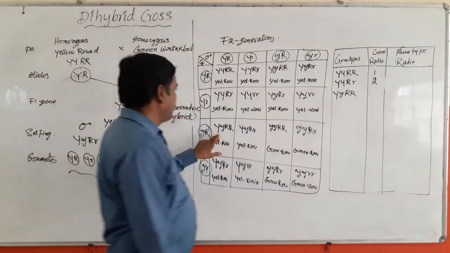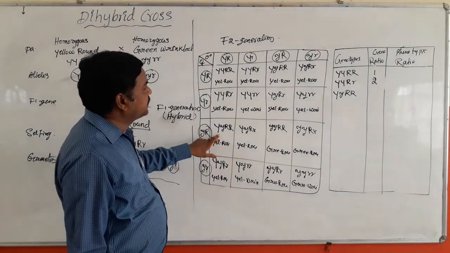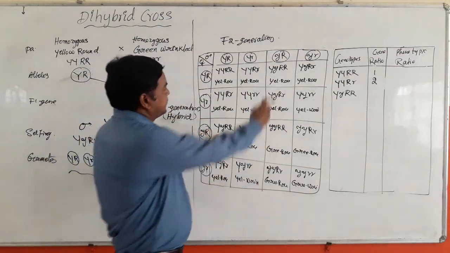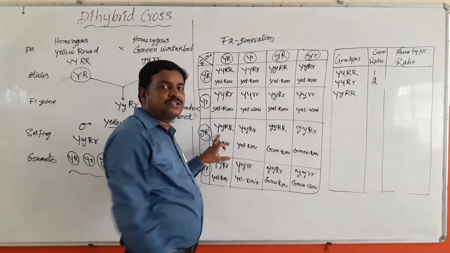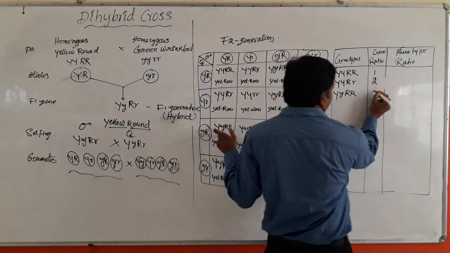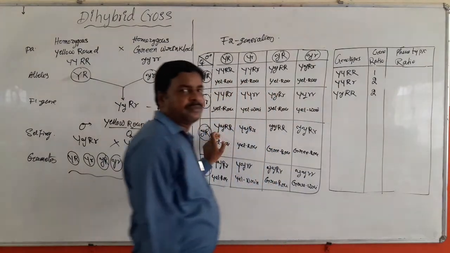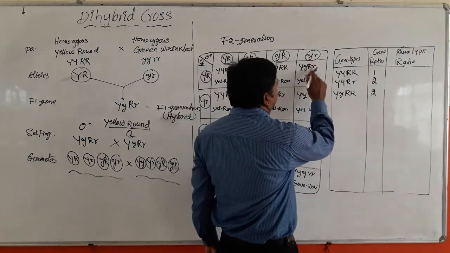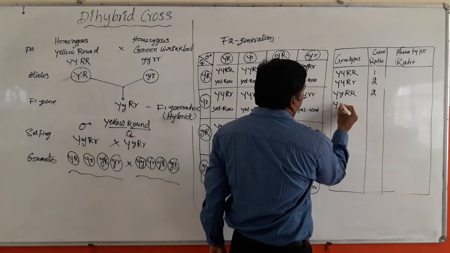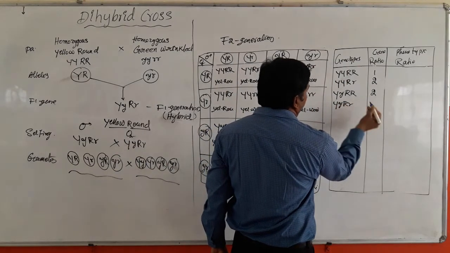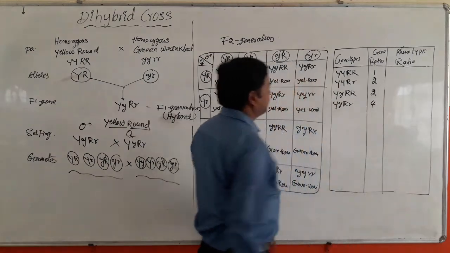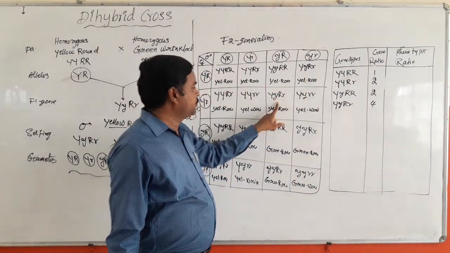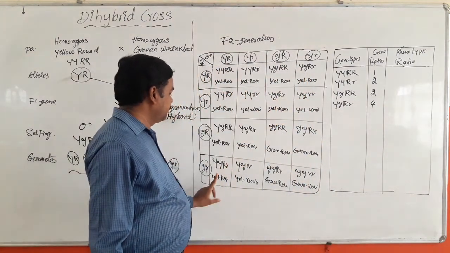This is one, and this is the next one. There are two. And how many capital Y small y, capital R small r are there? There are a total of four. 1, 2, 3, 4.